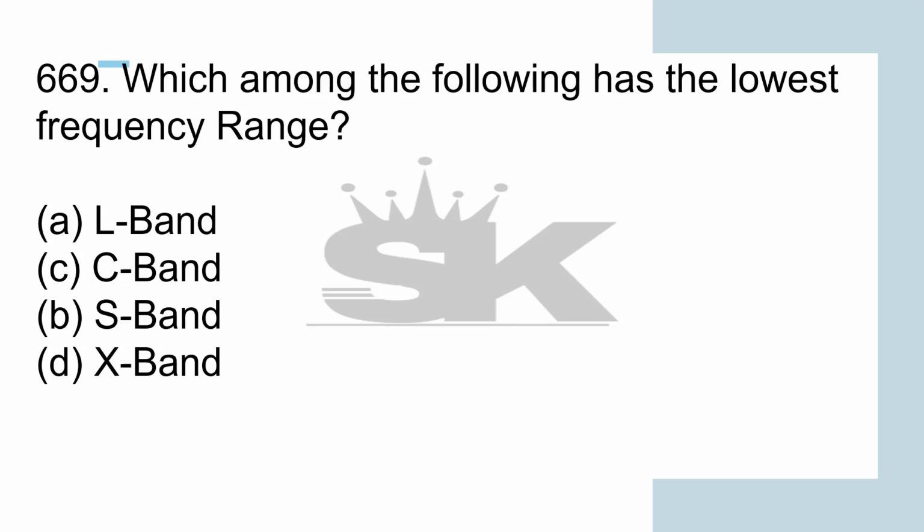Which among the following has the lowest frequency range? That is L band. L band refers to the operating frequency range of 1 to 2 gigahertz in the radio spectrum. The wavelength range of L band is 30 to 15 centimeters.